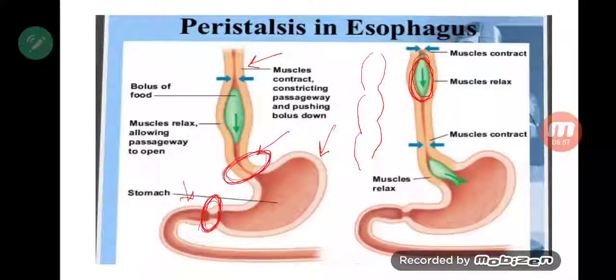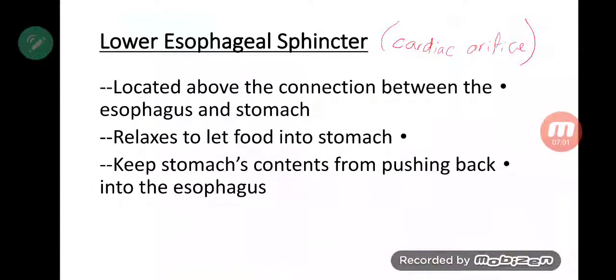The lower esophageal sphincter is also called the cardiac orifice. It is a sphincter located at the connection between the esophagus and the stomach. It relaxes to let the food into the stomach and keeps stomach content from pushing back into the esophagus, so it works as a sphincter.